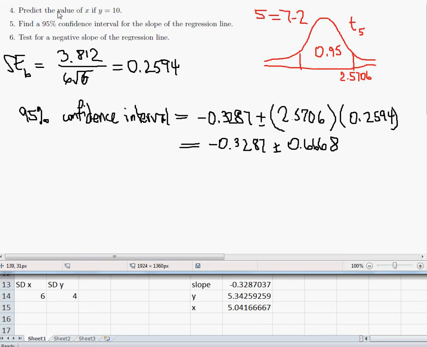Lastly, we need to test for a negative slope of the regression line. So in this case, the null hypothesis would be that the slope of the regression line is equal to 0. And the alternative would be that indeed we have a negative slope.